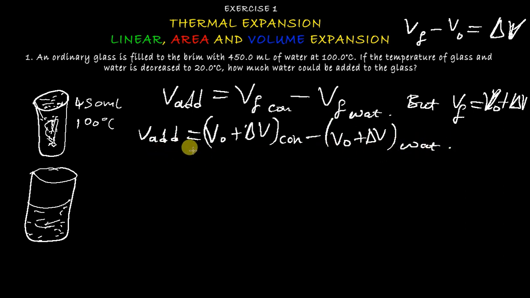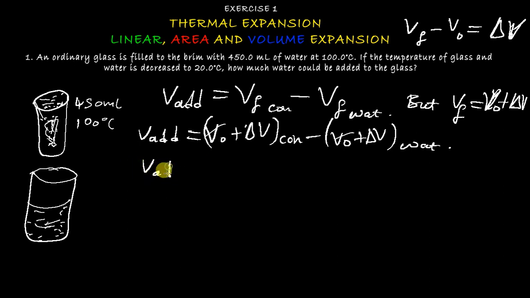So from there we can now say V naught of water and the V naught of the container, we know that these are going to be the same. How do I know that? Because I was told that initially the water was filled to the brim, meaning the volume of water was equal to the volume of the container. So this V naught and that V naught will go.